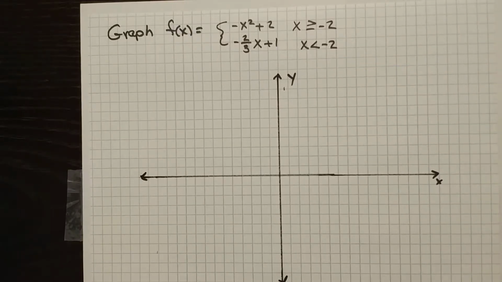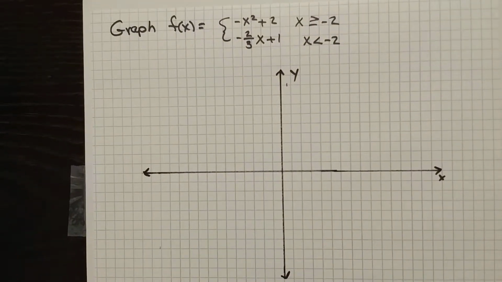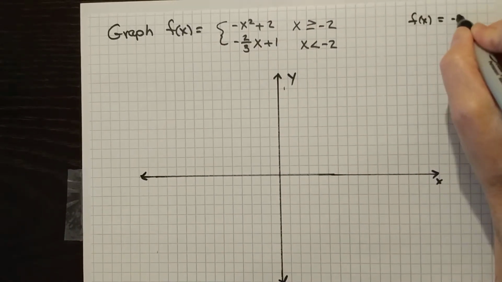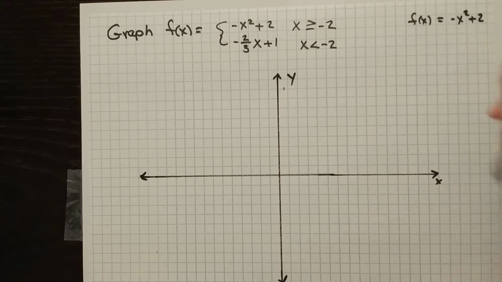If we think about this, the top piece of this function is f of x equals negative x squared plus 2. So let's consider what's happening here. This is our basic graph x squared, which is a parabola facing up. However, it's got a negative in front of the x squared, which is a reflection across the x-axis.